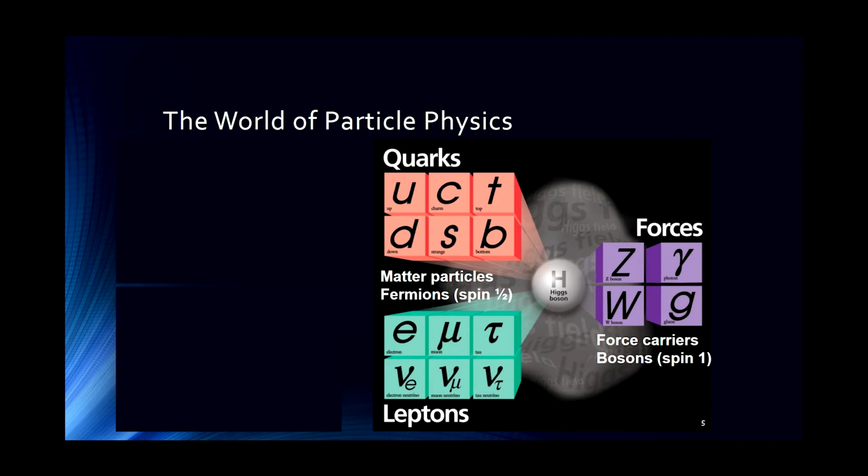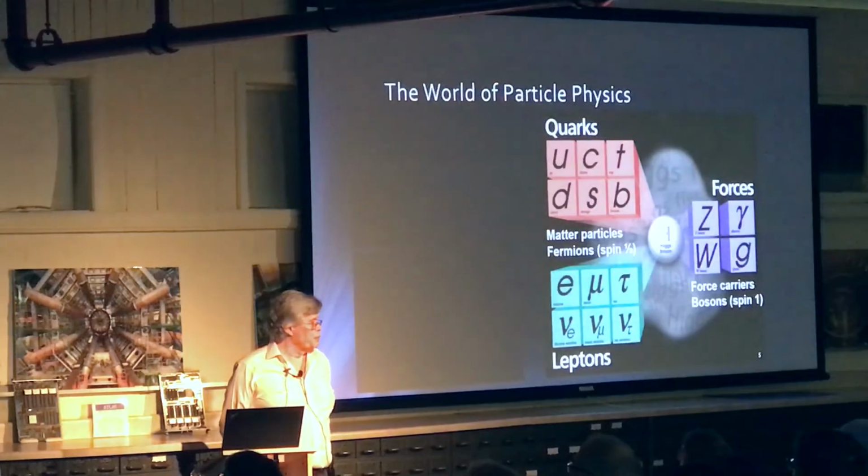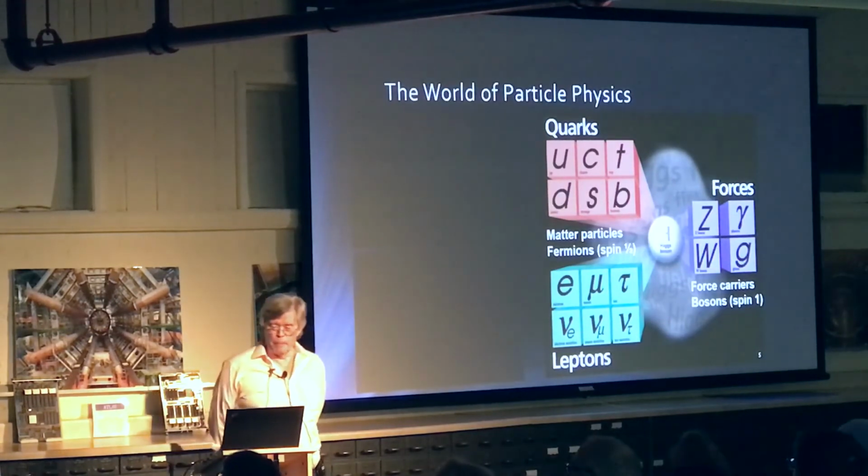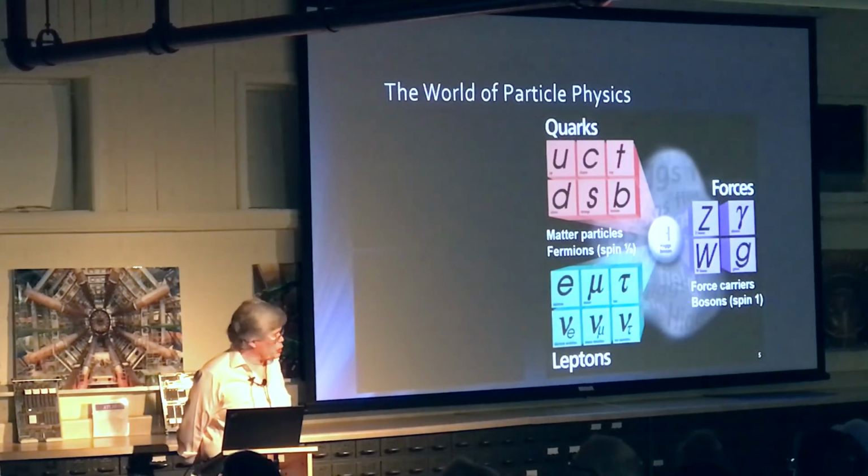And finally, on the rightmost side, you see T and B. Here it depends whether you're a poet or more prosaic. It is either top and bottom, which we usually use, but some people used to call it truth and beauty. So those are the 6 quarks.